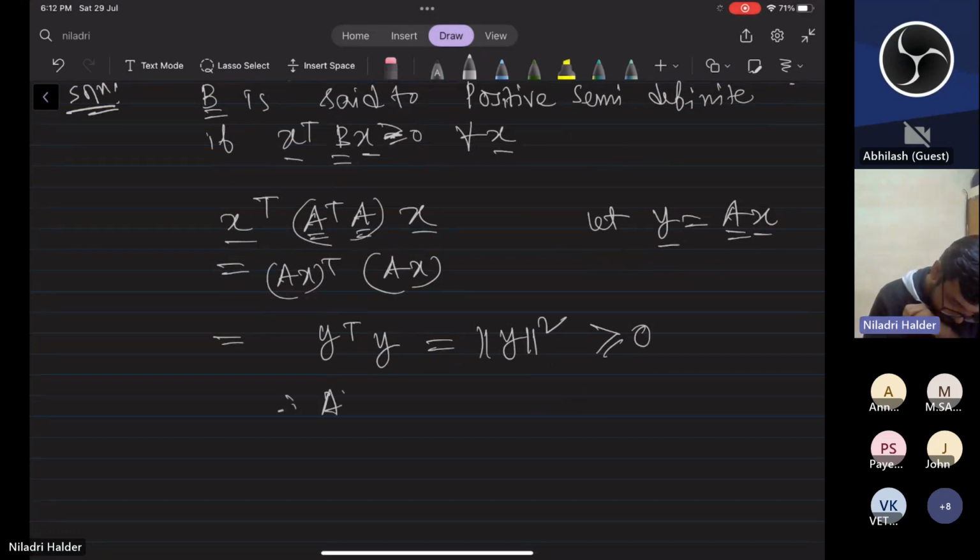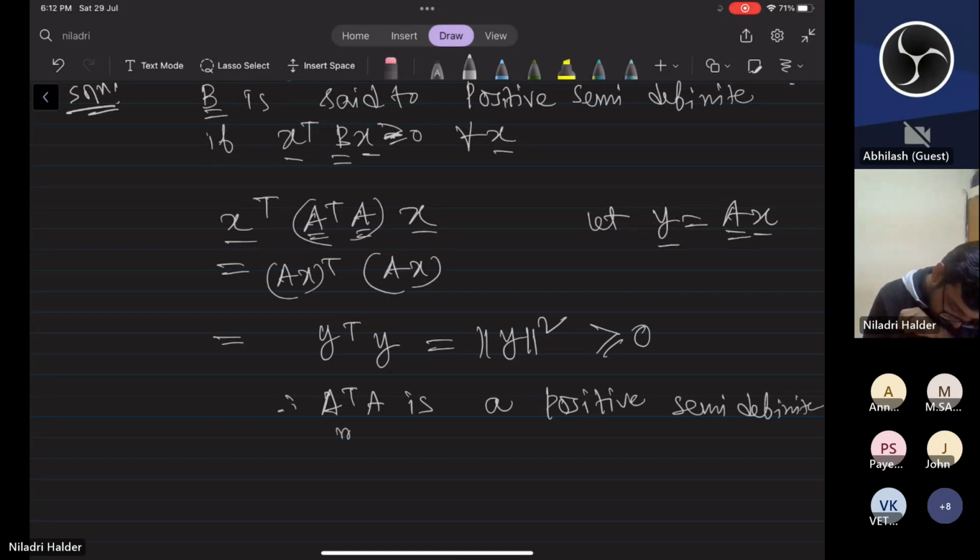So A transpose A is a positive semi-definite matrix.